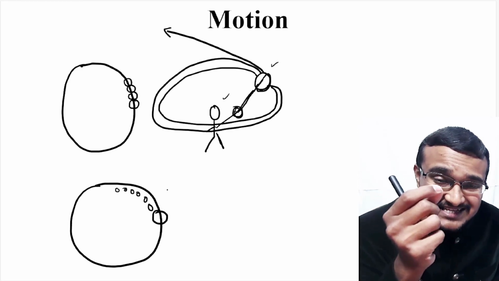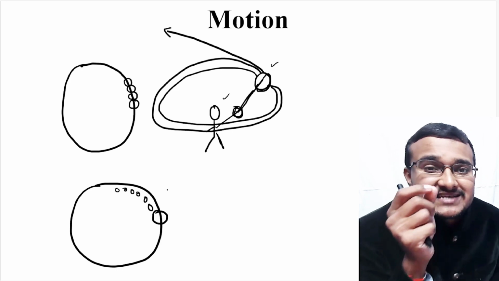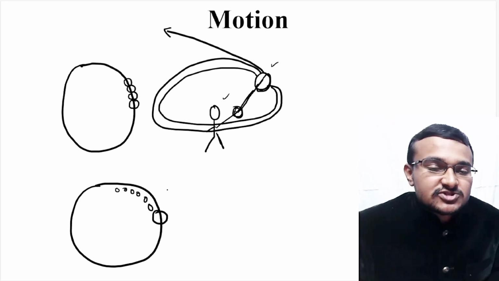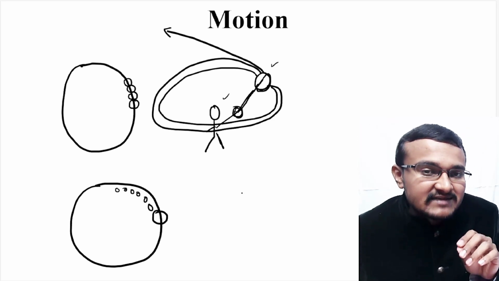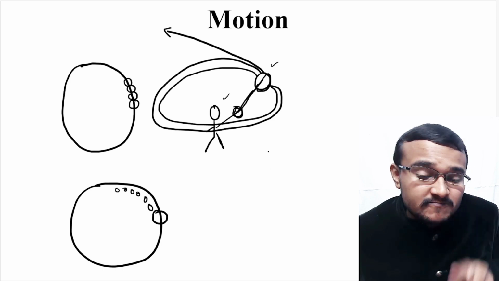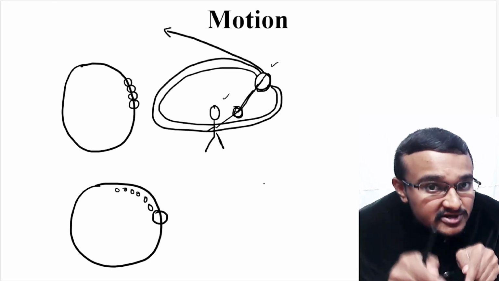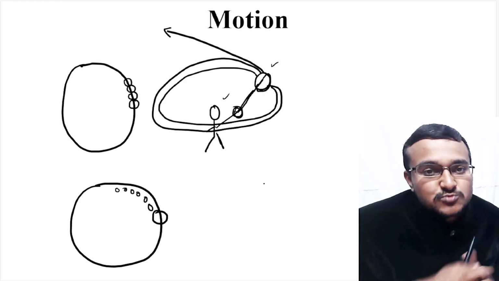Now when this person has released the stone, he has stopped giving the force required to change the direction of the stone. Immediately when he stopped giving that force, that is, immediately when he released the stone, whatever direction it was following at that position when he released the stone, in the same direction it starts moving.